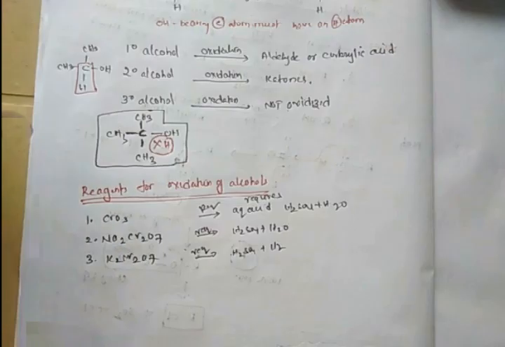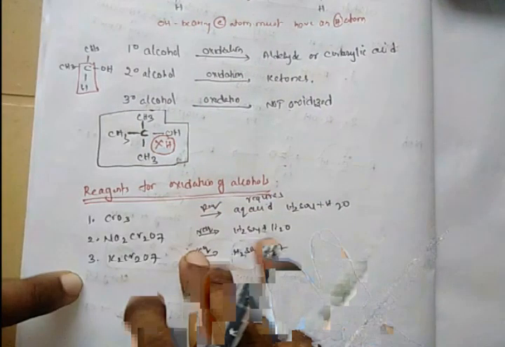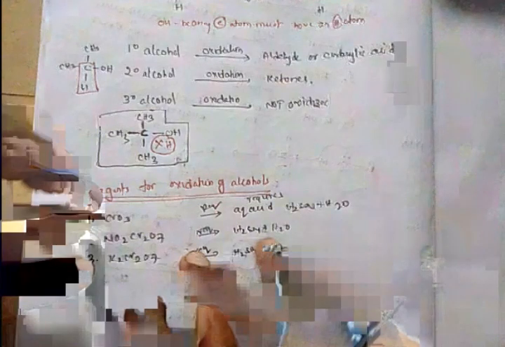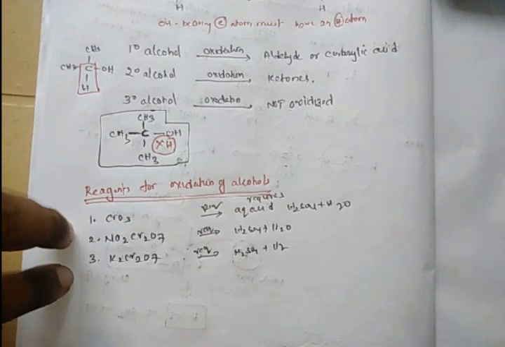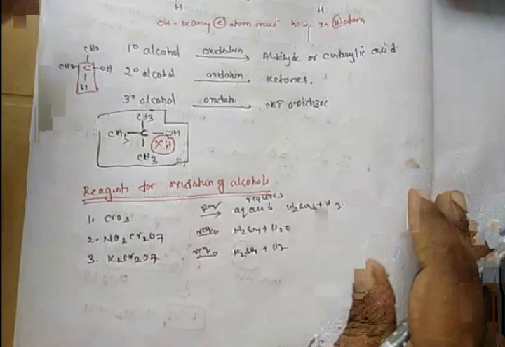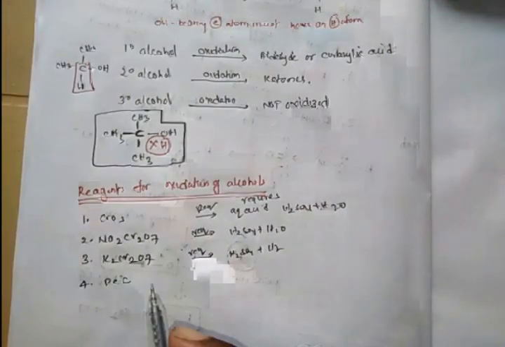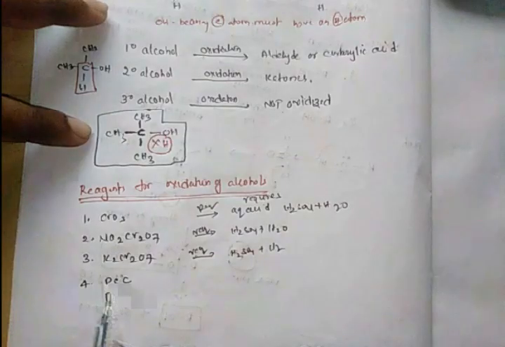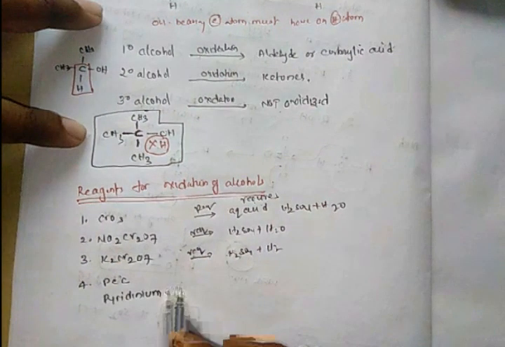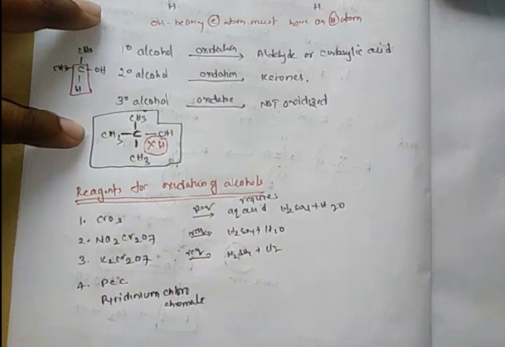In order to show their oxidizing power, these three reagents require H2SO4 and H2O. So these three reagents participate in oxidation reaction only in the presence of H2SO4 and H2O. So there is another reagent called PCC, pyridinium chlorochromate.